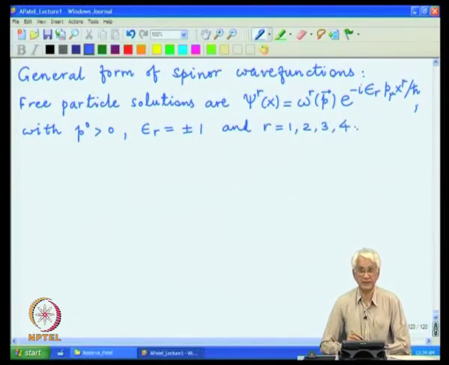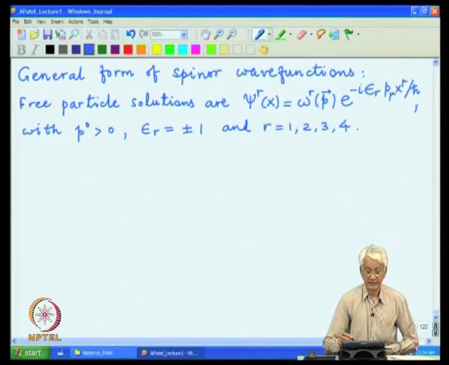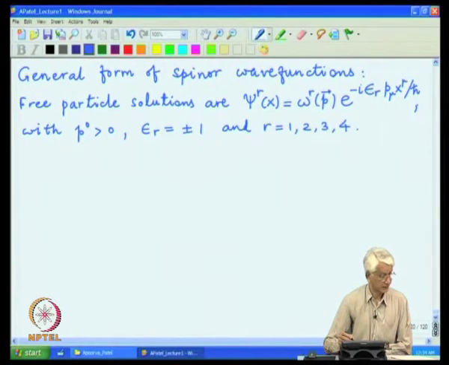These are the 4 so called plane wave structure solutions, where omega r p is now completely in the spinor space, and we want to find a convenient basis to describe these 4 components.